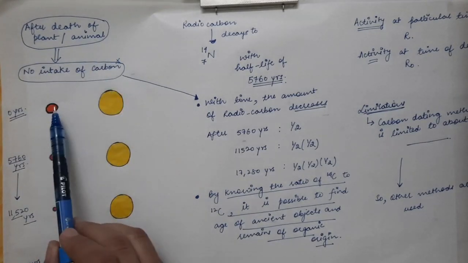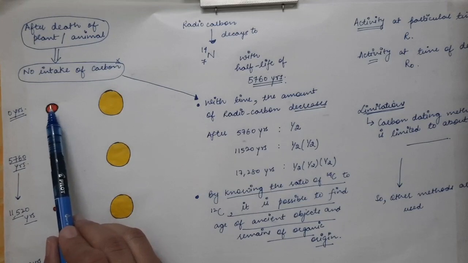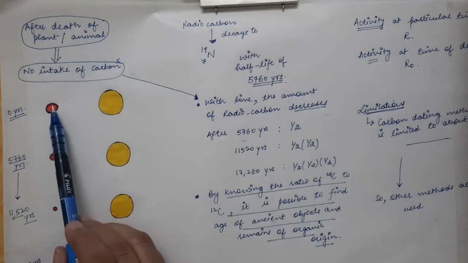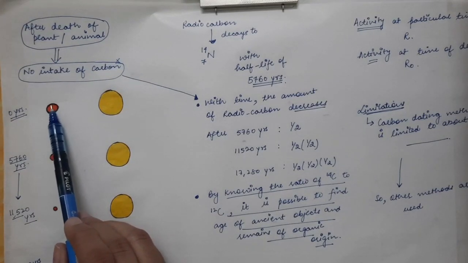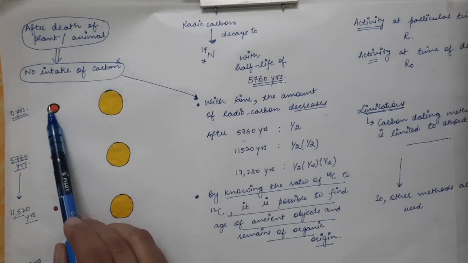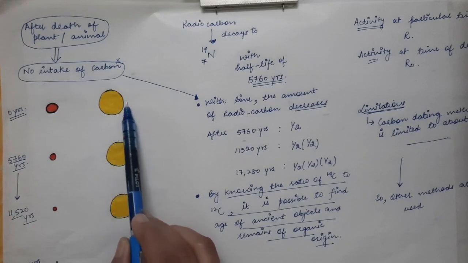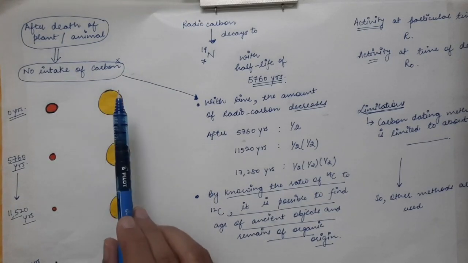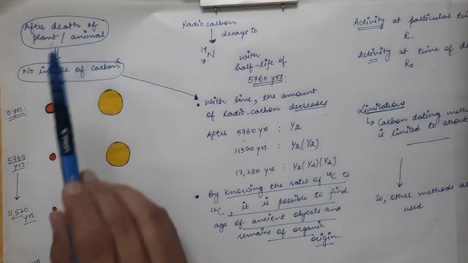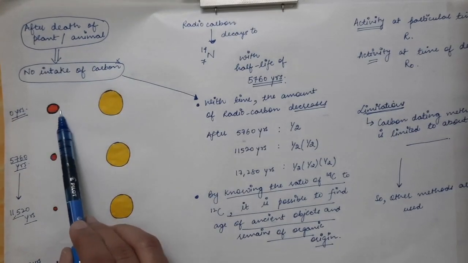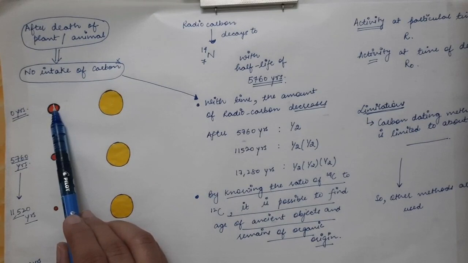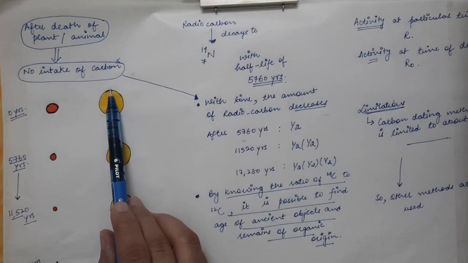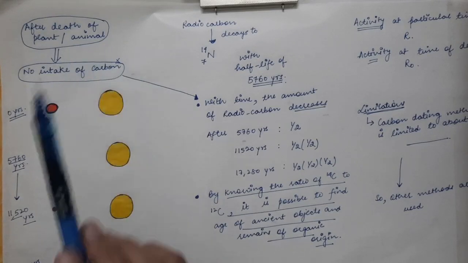Now let's say at the time of the death of the plant or animal, at the time of death of the living being, there is this much amount of radioactive carbon and there is this much amount of ordinary carbon which was present in the body. So at the time of death of any plant or animal, let's say this is the amount of radioactive carbon present in the body and this is the amount of the ordinary carbon which is present in the body of the plant or animal.